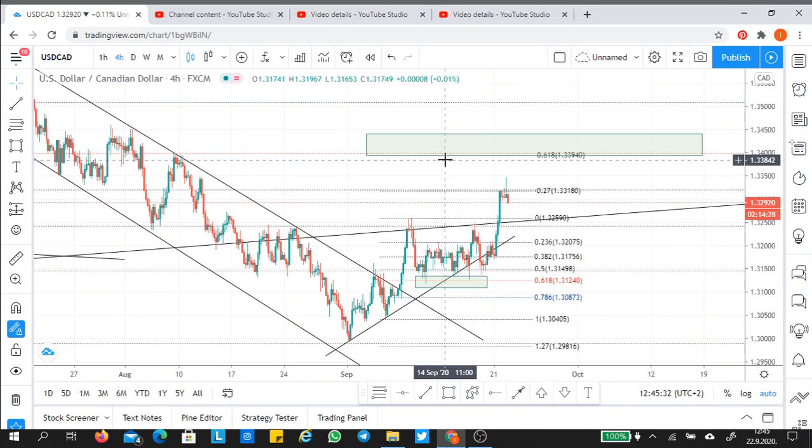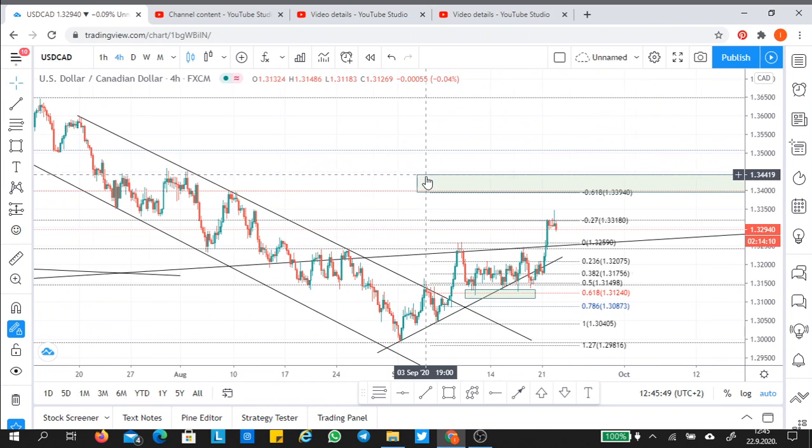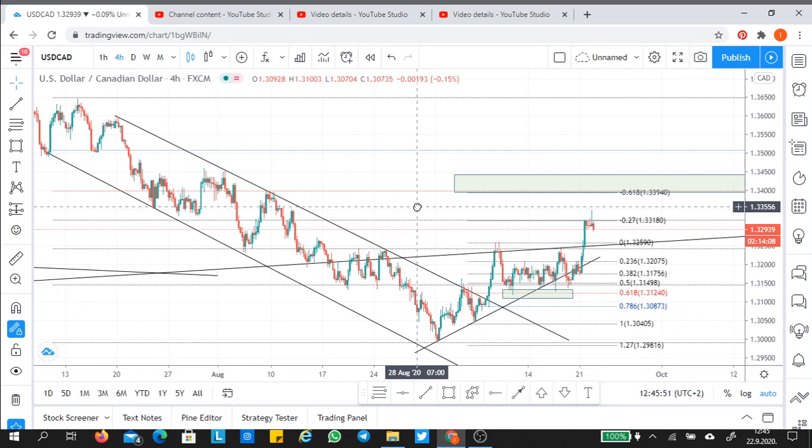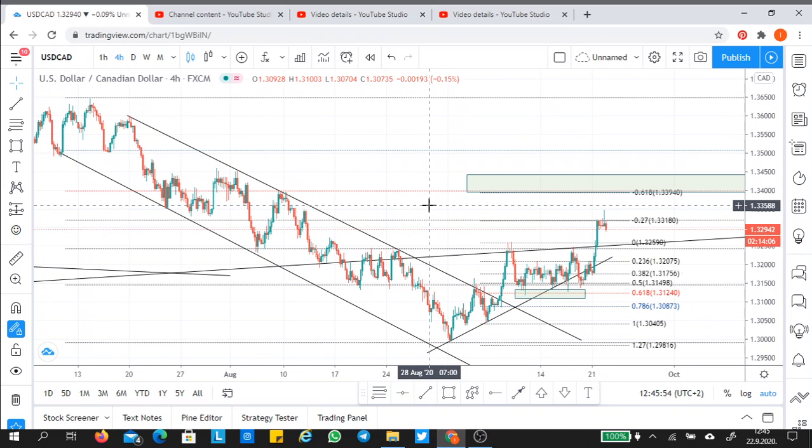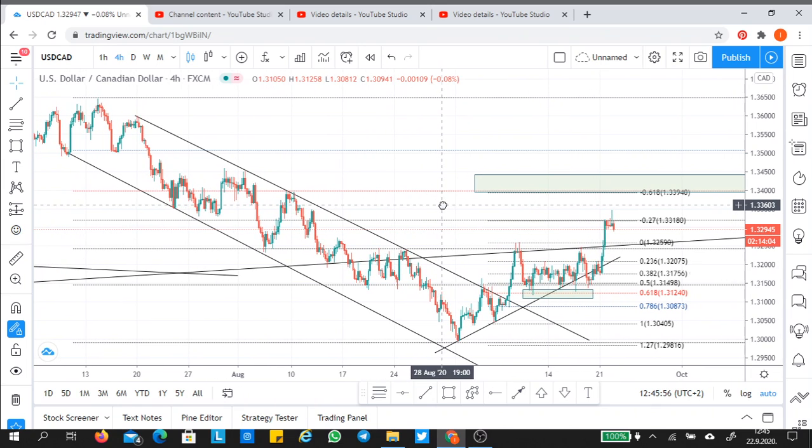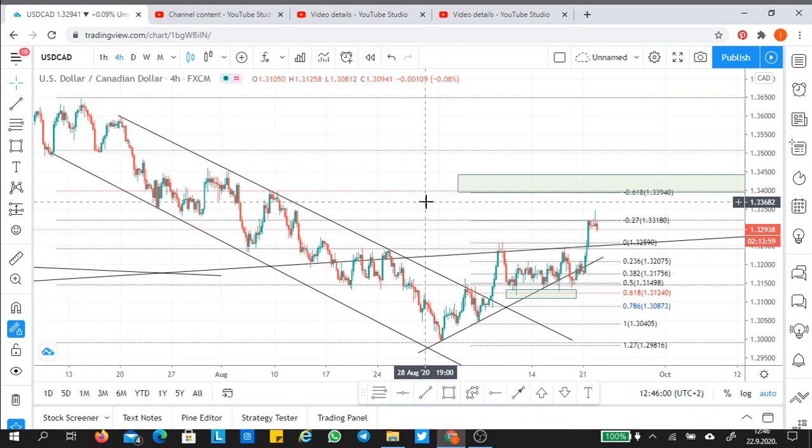So finding the areas where to scale in, which have the biggest risk to reward ratio, is the key thing to successful trading. That's pretty much it. I think the majority of you that are following managed to catch some pips and to earn from this dollar Canadian move to the upside.